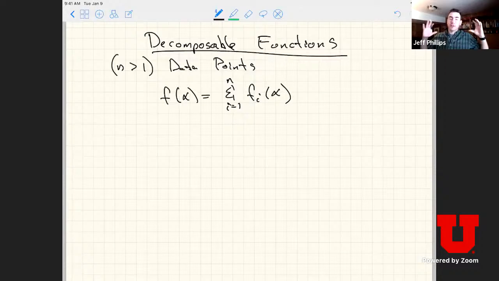But what's quite common is that the overall function we're trying to estimate is going to be a sum of loss functions corresponding to each of the data points. There are n data points, each contributes to the loss function in a sum. This corresponds to a likelihood estimate: if the data points were independent and we took the product and then the log likelihood, it becomes a sum.